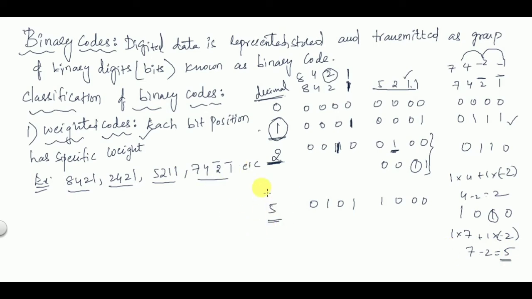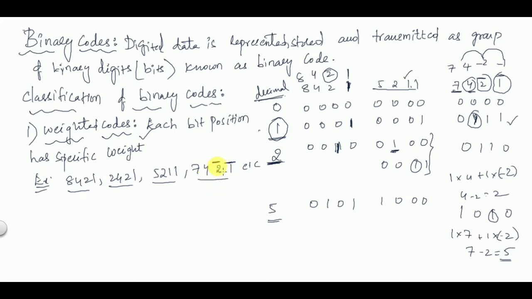This type of code, where each digit position has a specific weight, is called a weighted code. The weight of this position is 4, this position is minus 2, and this position is minus 1. Always remember, a bar over a digit represents a negative weight.